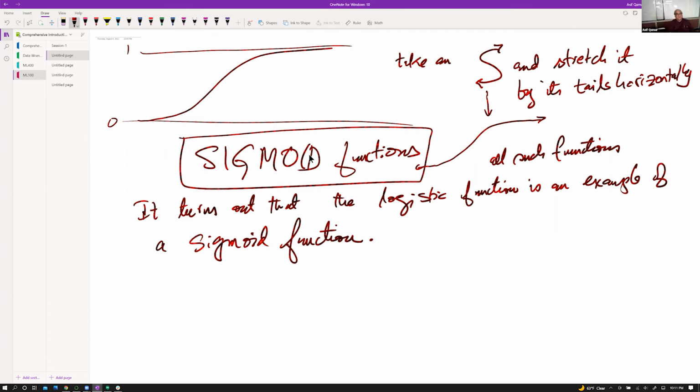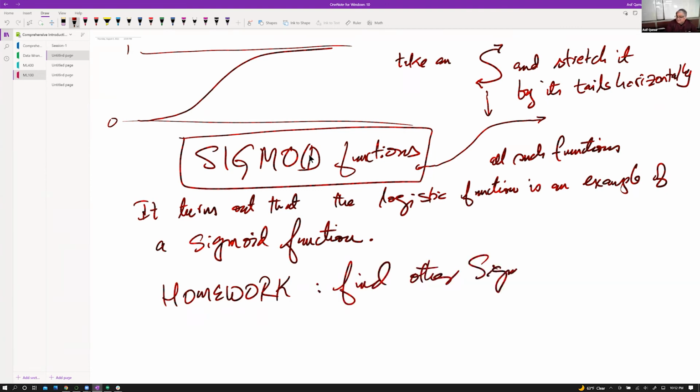So I'll give you a homework, theory homework this time. Homework: find other sigmoid functions and discuss them in Slack.